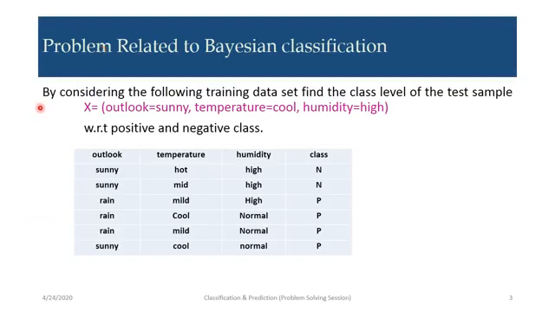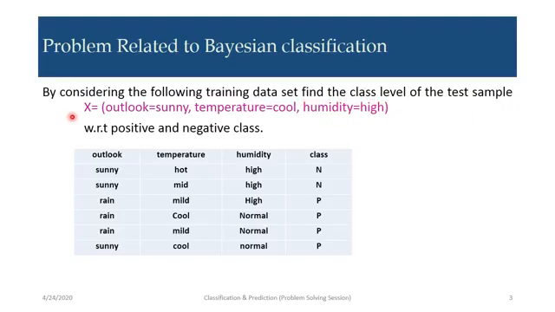Here we have taken a table where the attribute names are outlook, temperature, humidity and class. Class is the class level attribute, where we have two values, that is N and P. P means presence of the class, N means absence of the class. By considering the following training data set, we find the class level of the test sample.